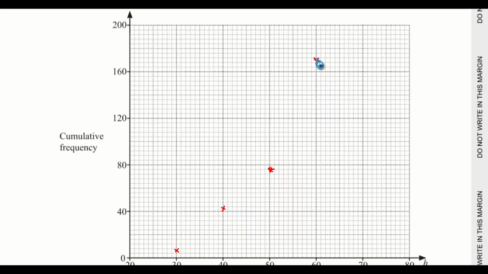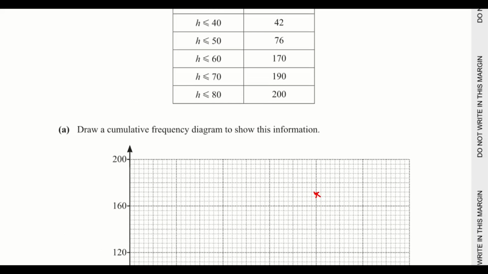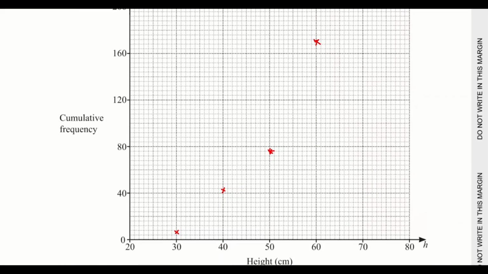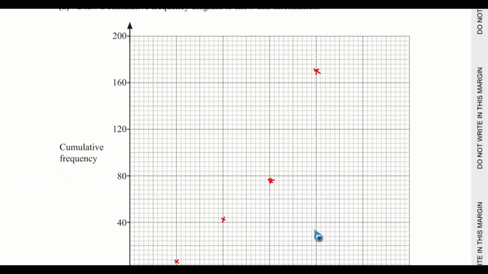That will be the middle of this line, because this place is 180, so the half will be 170. Then the next one is 70 against 190, so this is 180, this is 200, so the middle will be 190 here.